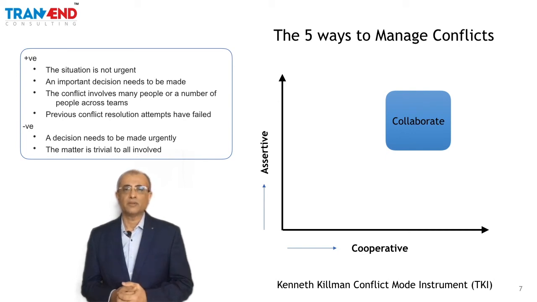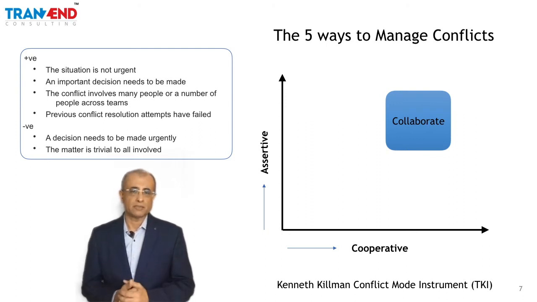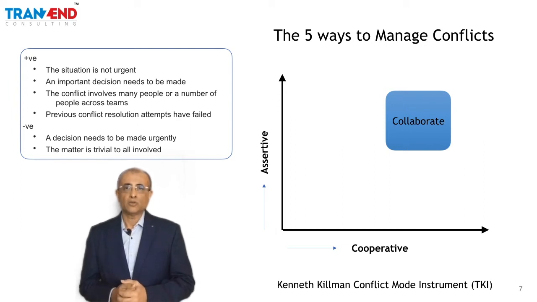In that case, we could generally move on with either avoidance, accommodation, competition, or a compromise. So, as you would have understood, collaboration is critical in important areas of conflict. And that is where you have to use your skills to make a difference on the decision that is being taken.